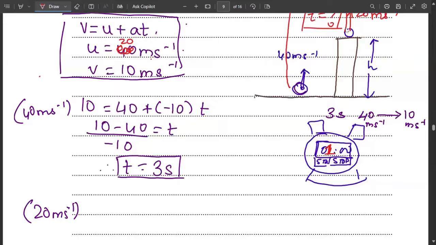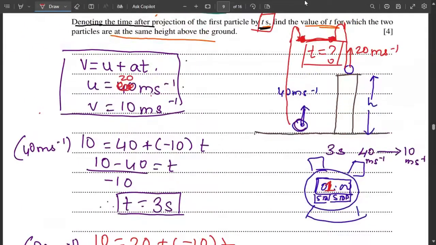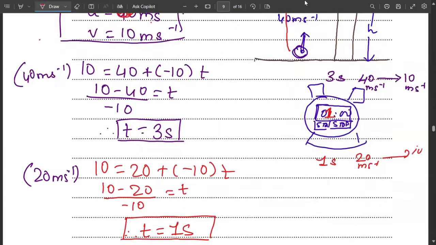So again, v equals u plus at: final velocity is 10, initial is 20, and gravity has the same effect, minus 10. 10 minus 20 upon minus 10 equals t. Therefore, it will take 1 second for the particle to go from 20 meter per second to 10 meter per second.